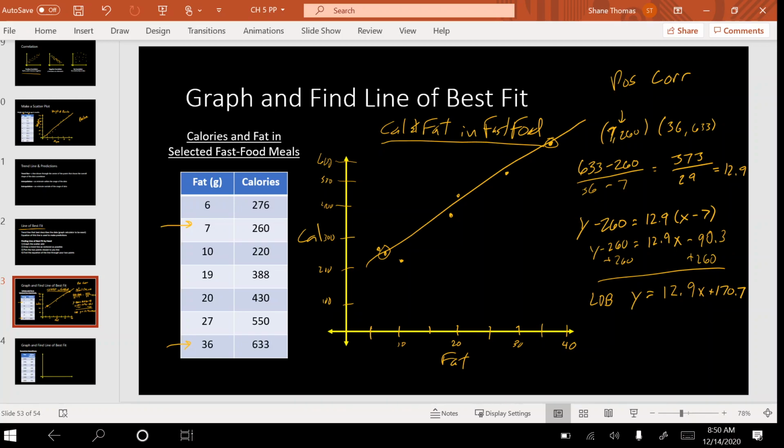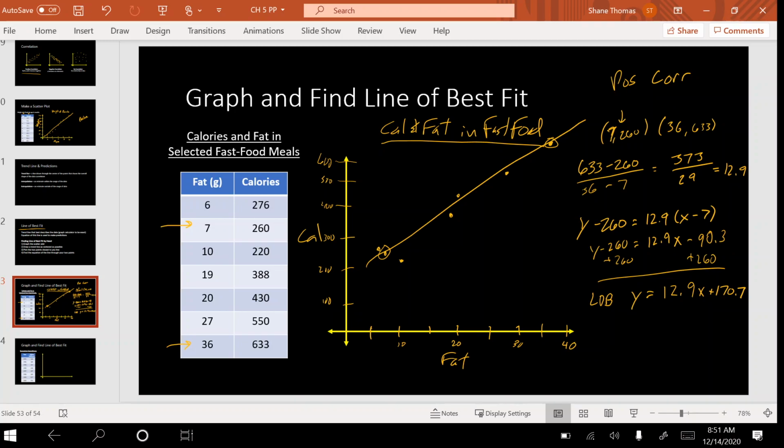Slope is your change in y over change in x. Every one that your x increases, your y is going up 12.9. So every 1 more gram of fat, you have about 12.9 or 13 calories.